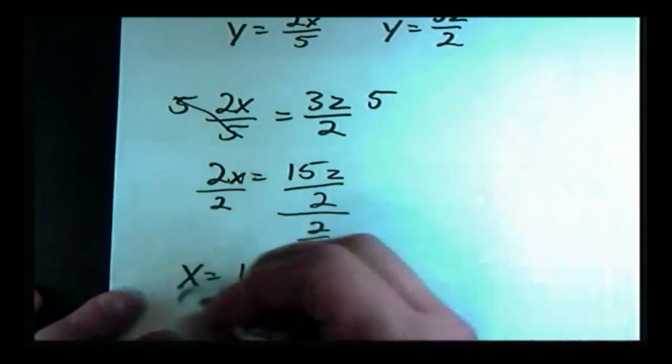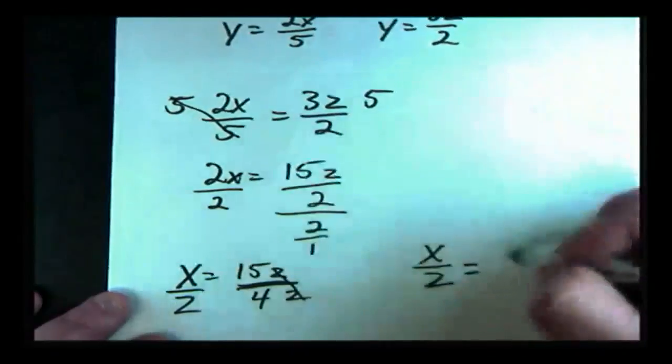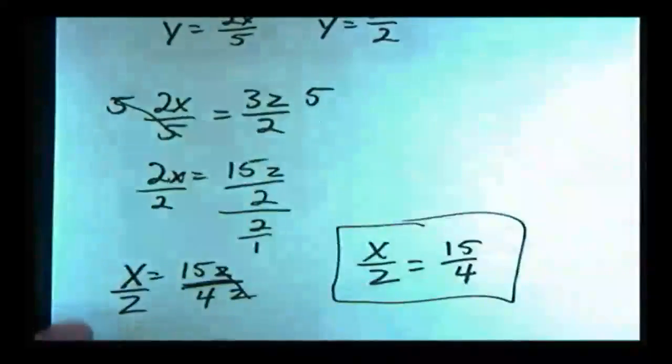Divide by z, I get x over z is equal to 15 over 4. This is what I was looking for, x over z. This is what I have found down in blue.